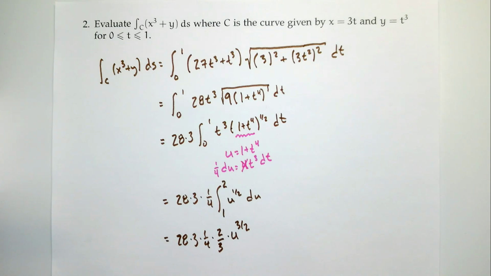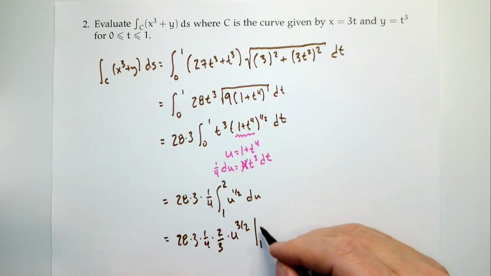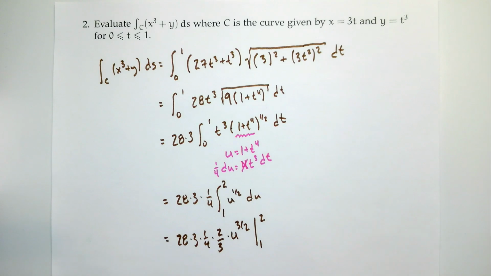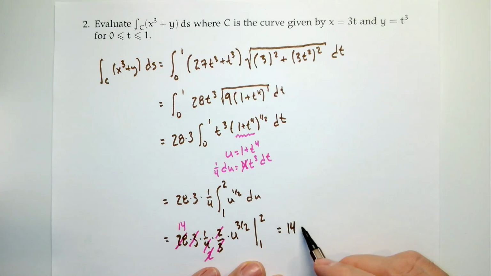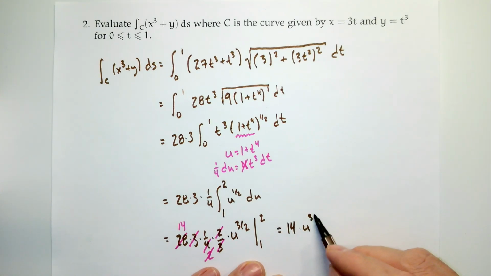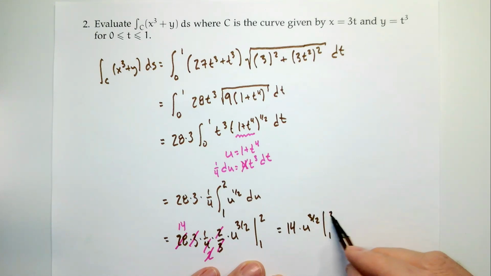We're in the home stretch. And we need to evaluate this from 1 to 2. Well, let's see what we can do. The 3's cancel. Now 4, I can cancel with the 2, and then I can cancel a little bit more with 14. So we really have 14 times u to the 3/2. Evaluate that from 1 to 2.